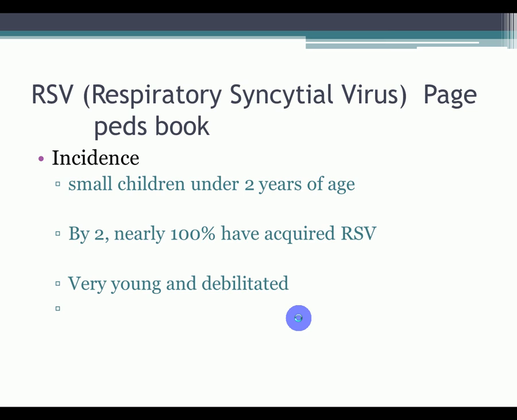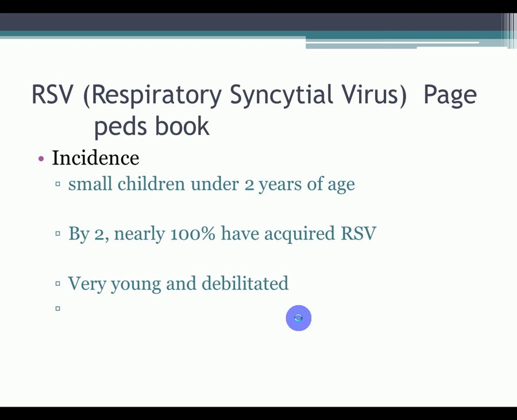All right, when we're talking about RSV, the incidence is in small children under 2 years of age, and by 2, nearly 100% have actually acquired RSV. It mainly occurs in the very young, and it is debilitating. It is the major cause of viral respiratory disease in infants and children.